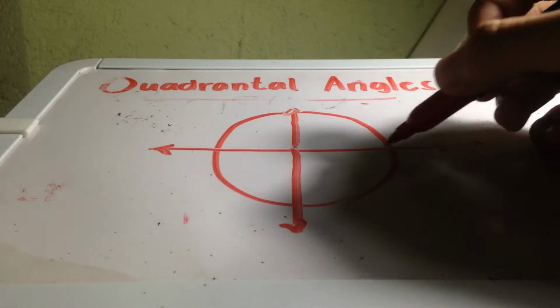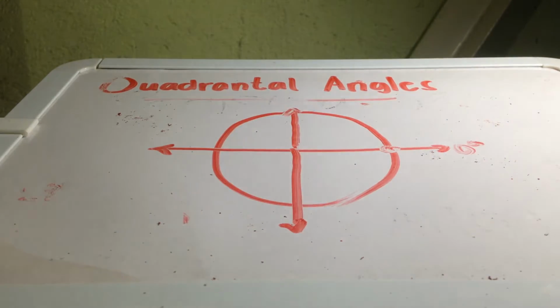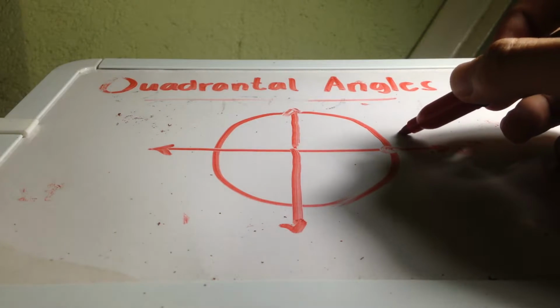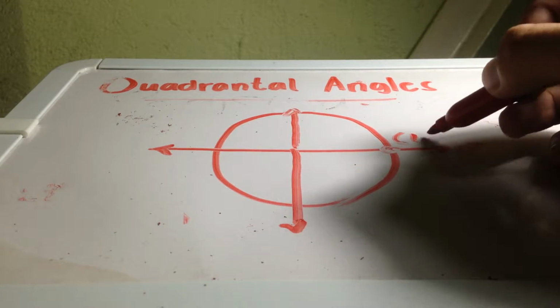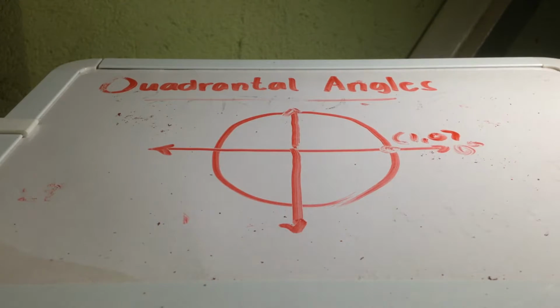So we're going to point there and plot what we found on the calculator, cosine, which is 1. We'll find 1, 0.